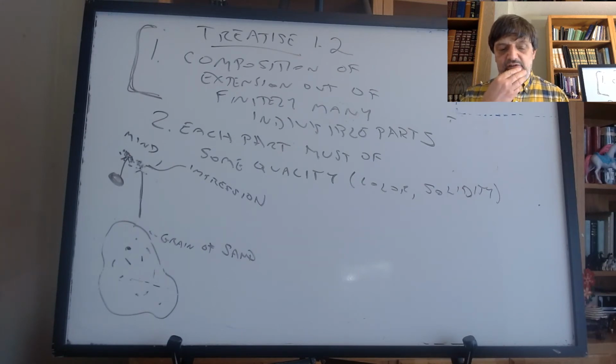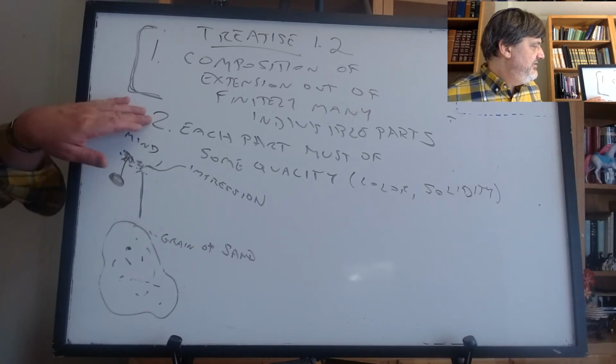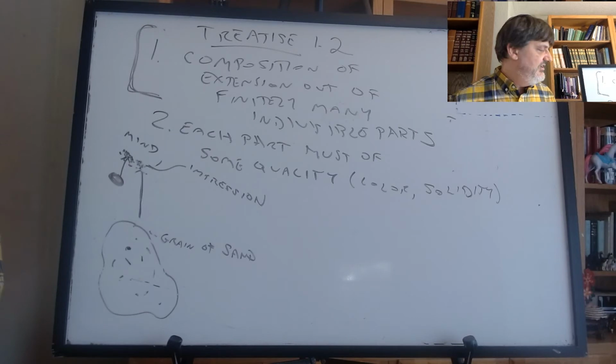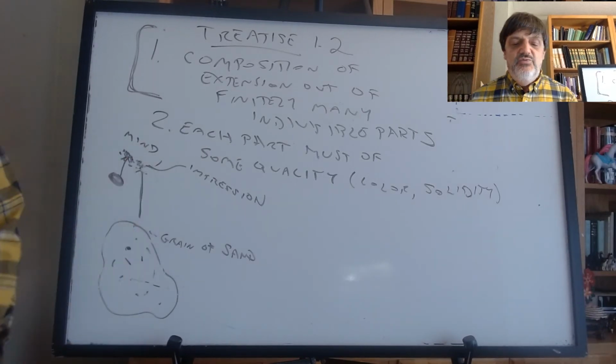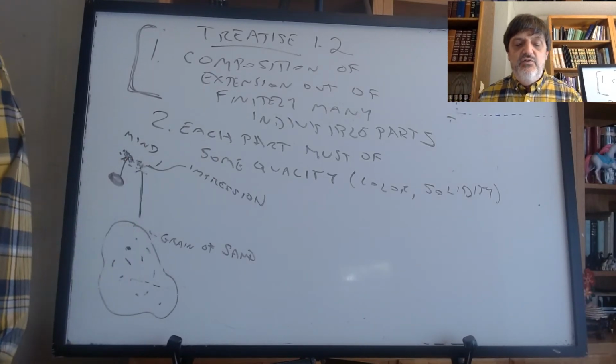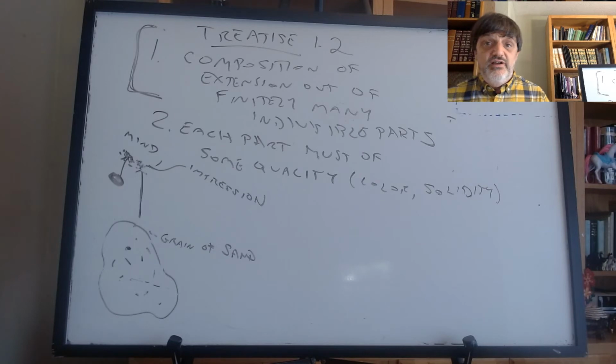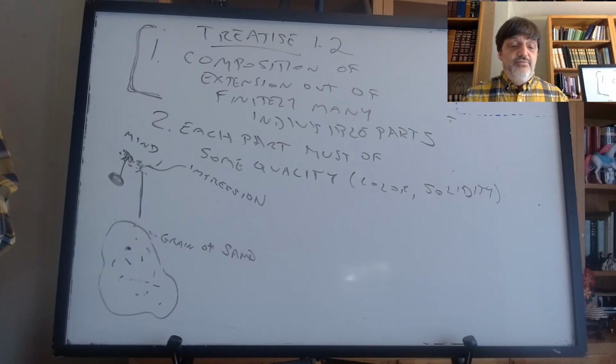Okay, so I'm about to go on and talk about this part, but before I do that, I just want to note a consequence of this. It's kind of two consequences, but one consequence is that for any given two things, one of them actually is either larger or smaller or exactly equal to the other.